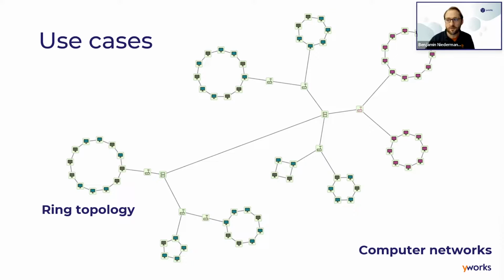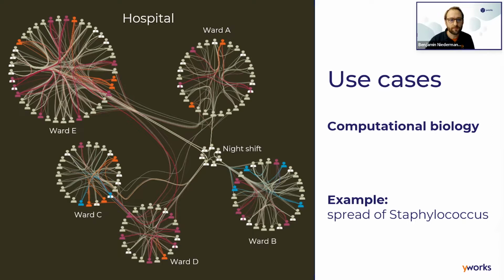The third use case that I would like to present comes from computational biology. Here it's about the spread of the bacterium Staphylococcus in a given hospital. The different subtypes of this bacterium are colored using different colors.